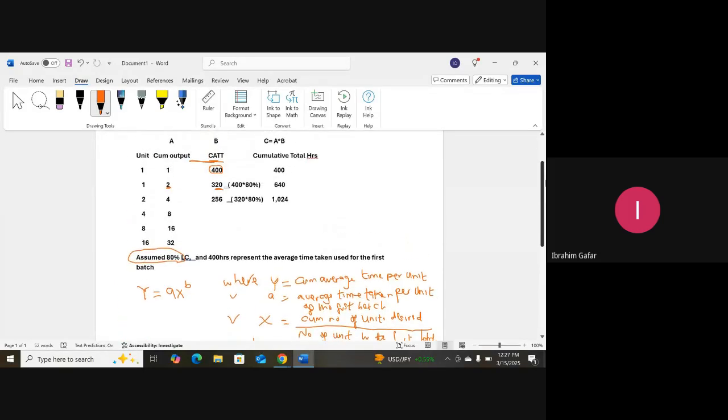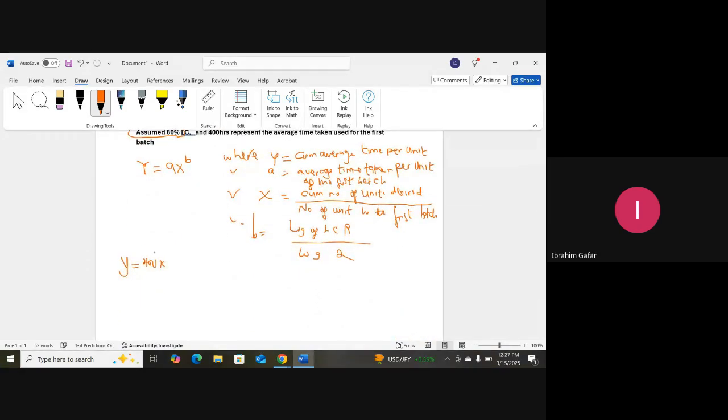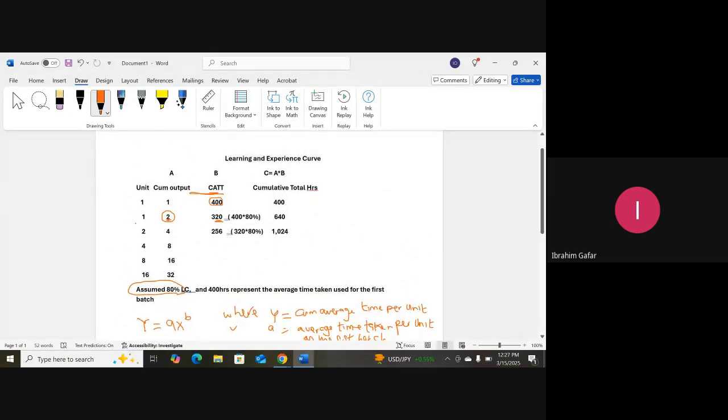What I mean by number of unit desired is the unit that you want to calculate. We said we want to calculate the cumulative output for these 2. That is your desire. Then you now say 2 all over, what is the number of units in the first batch?